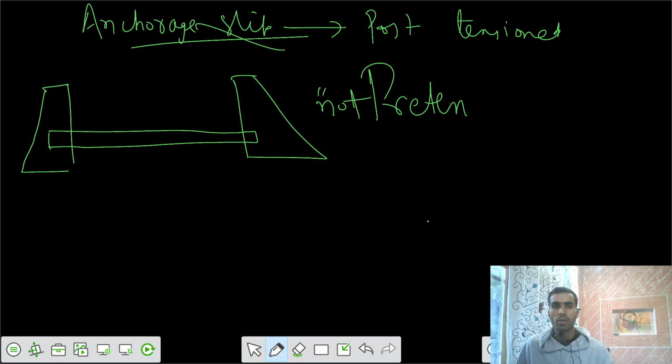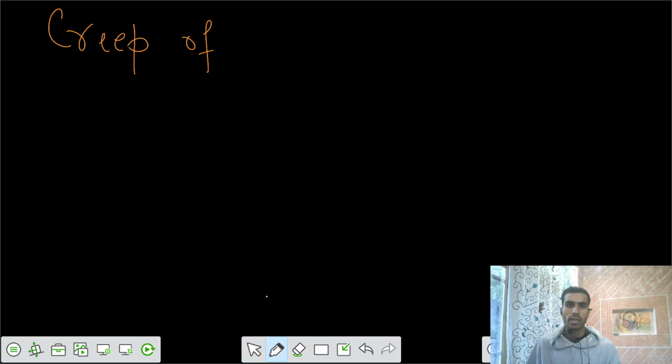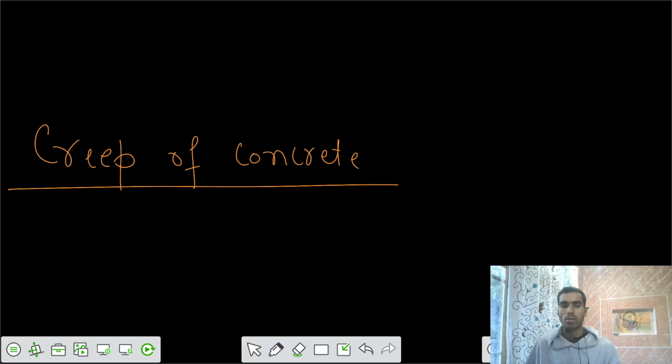So the anchorage slip is not observed in pre-tension members. Okay. Let's take the second type of loss, that is creep of concrete. And this type of loss is time dependent.